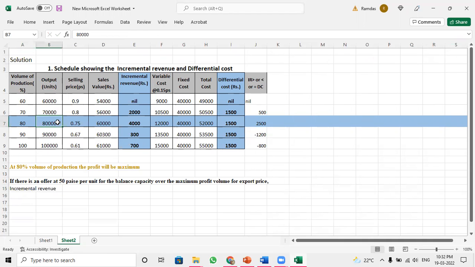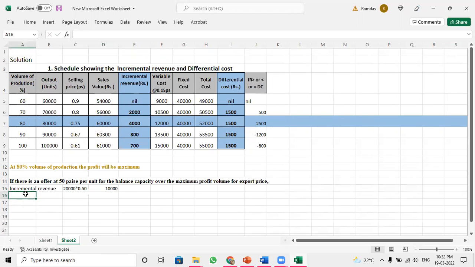As of now, you're producing 80,000, so you can produce another 20,000 units. The revenue you would be getting would be 20,000 into the offer that you're getting. You will be able to sell it at 50 paise. So incremental revenue is equal to 20,000 into 0.5. That would be 10,000 rupees.